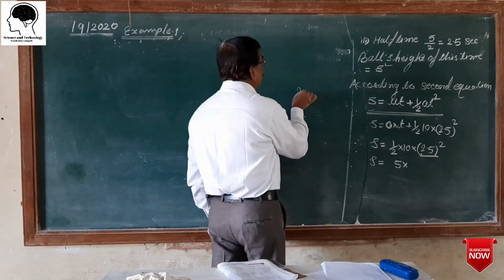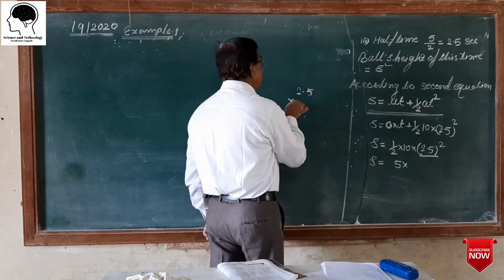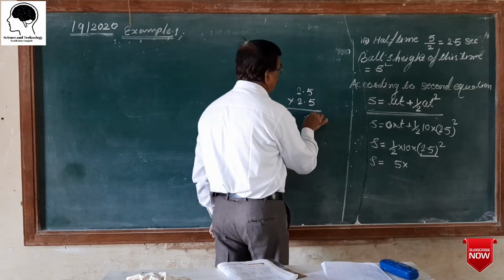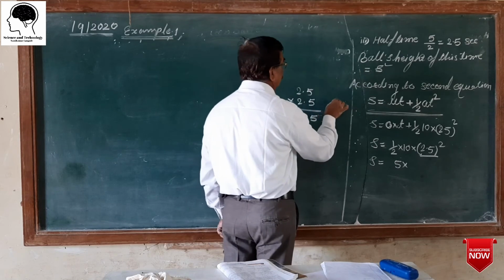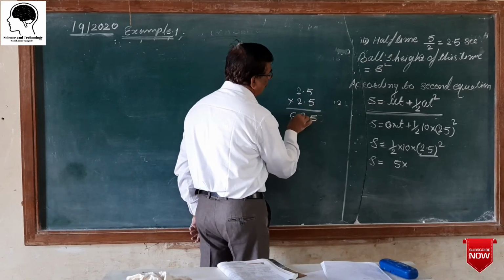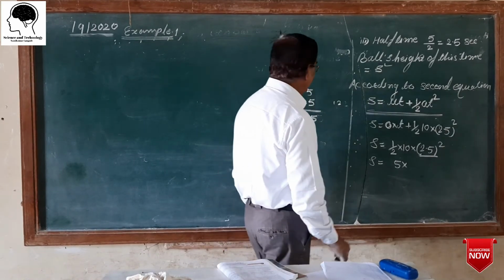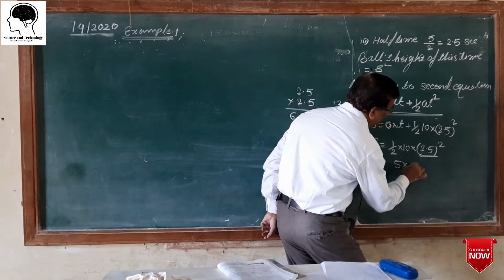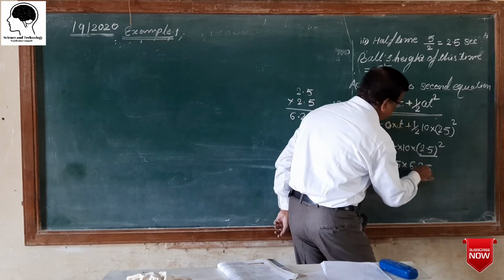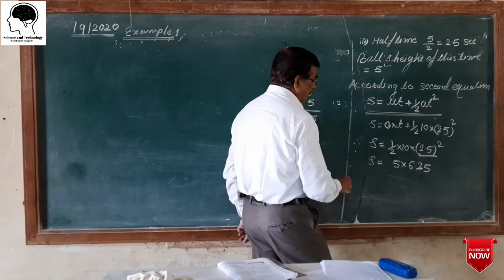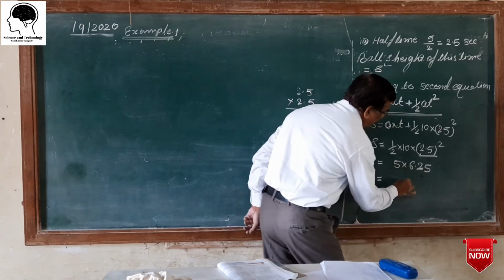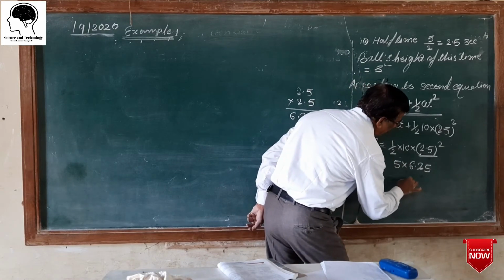See, 2.5 into 2.5 is 6.25, and 6.25 is multiplied with 5.